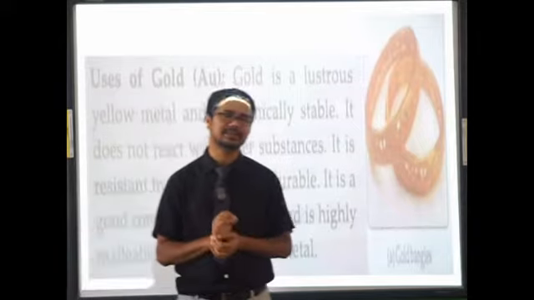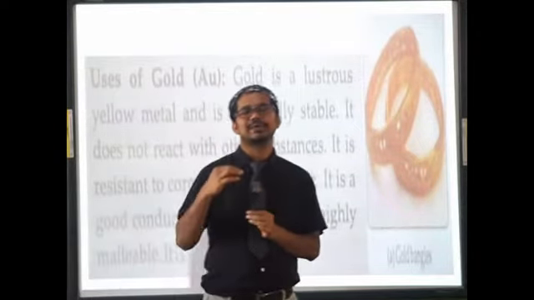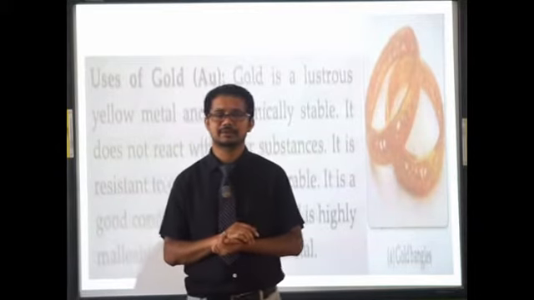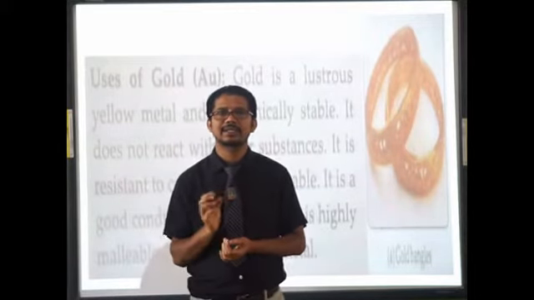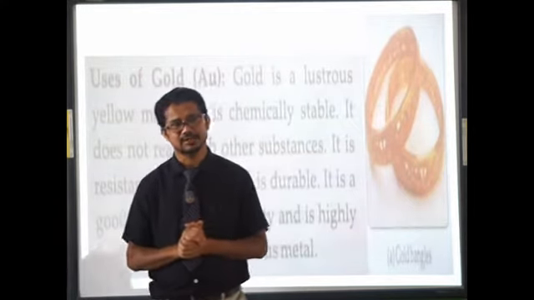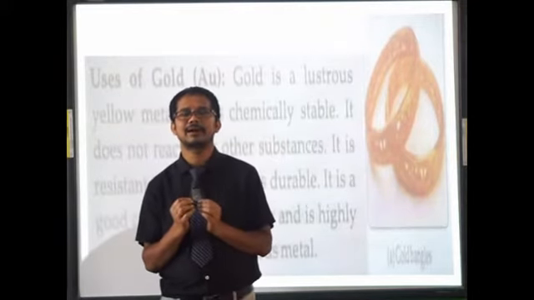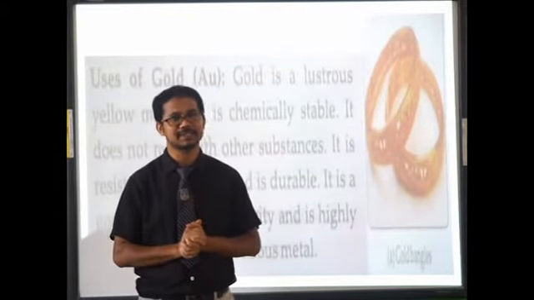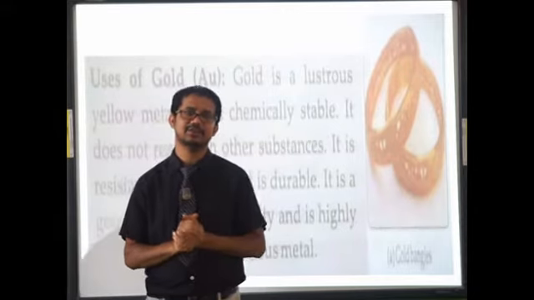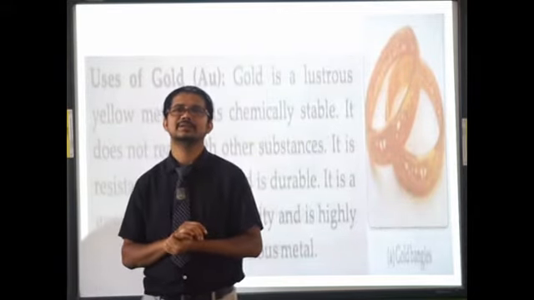Now, today we will be doing uses of some metals. And again, I want to do a quick revision regarding metals. Metals are malleable and ductile. Then metals have a shiny appearance, that means they are lustrous. They shine, the freshly cut portion shines a lot.